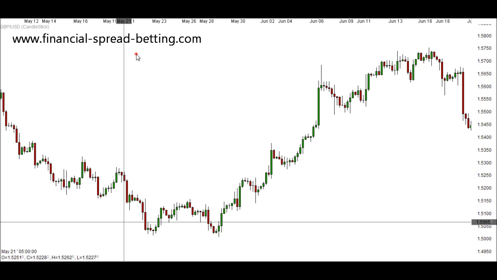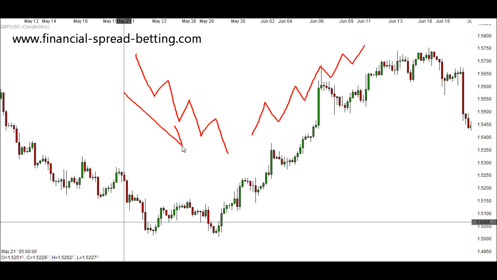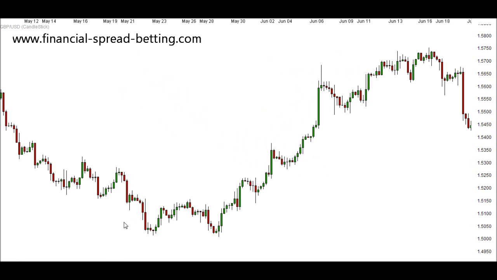Earlier on in this course we looked at trending markets and how price behaves when it trends, like this step motion in the market. If price is downtrending, eventually it's going to come to an end. All trends end, and price will either range or reverse and go on an uptrend.